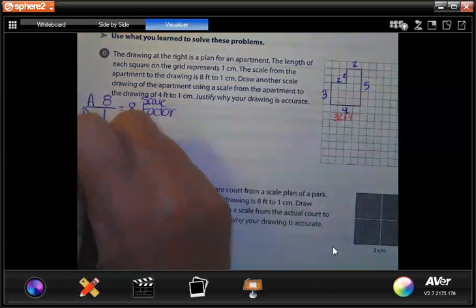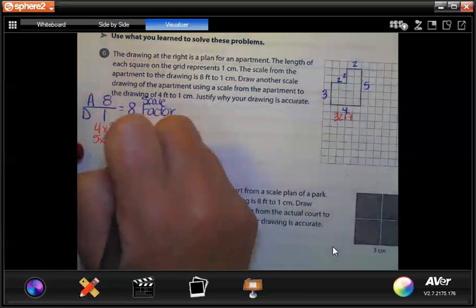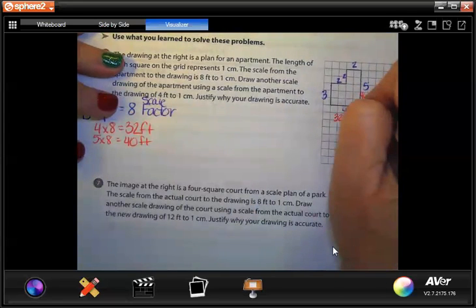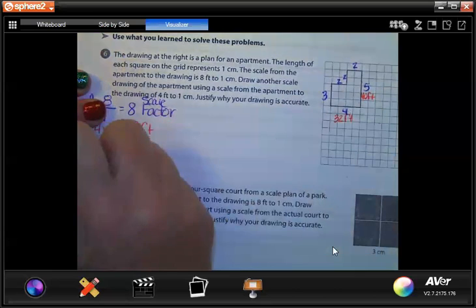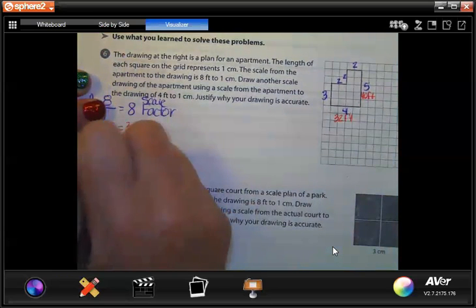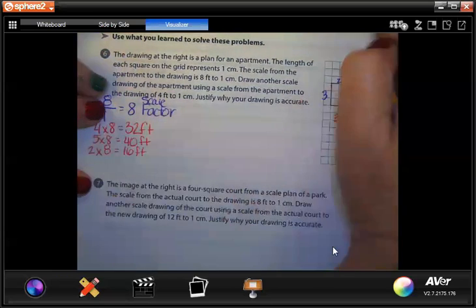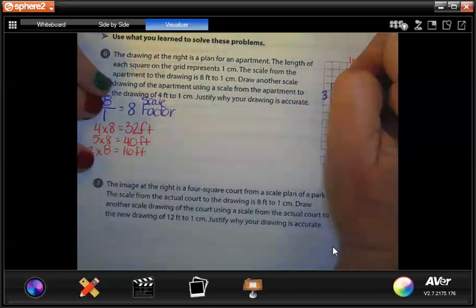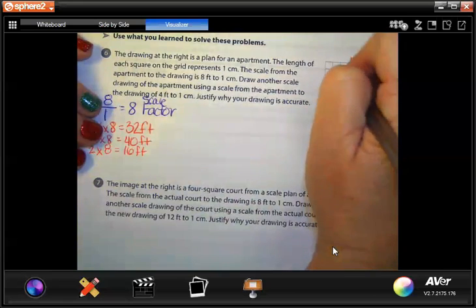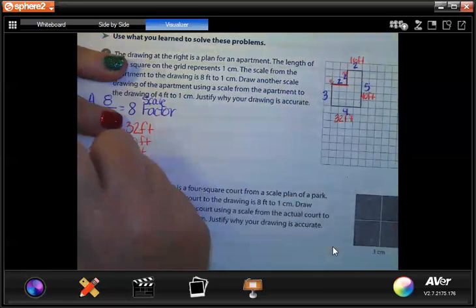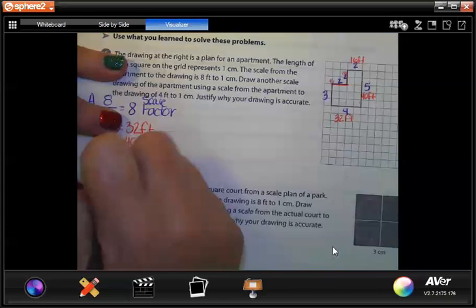5 times 8 is 40 feet. So this is actually 40 feet. 2 times 8 is 16. So this is really 16 feet. That's really 16 feet. Okay. And then this one right here is 3 times 8, which is 24 feet.